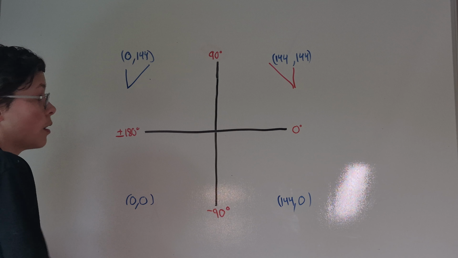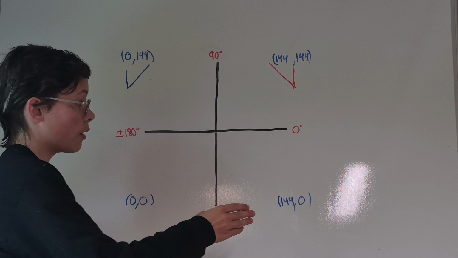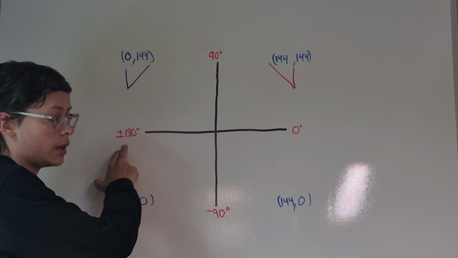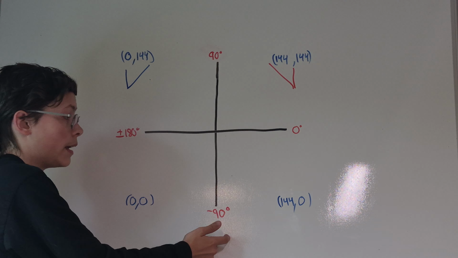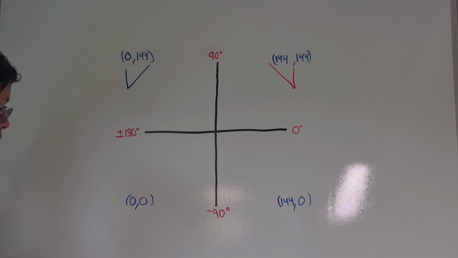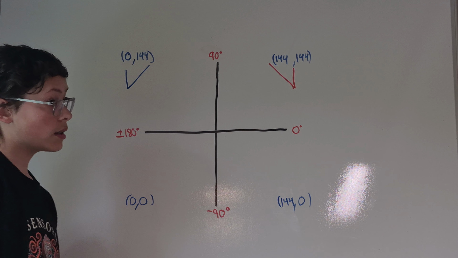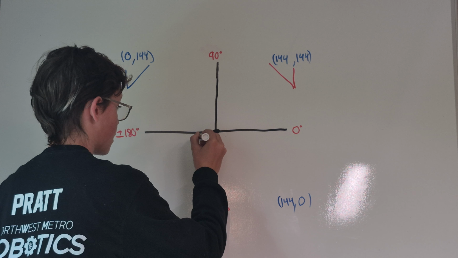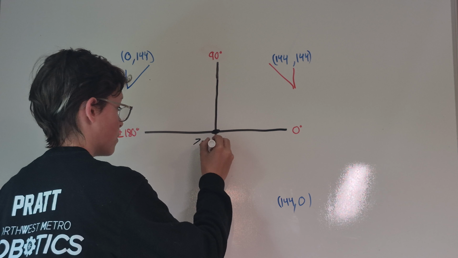That's how it works. So for angle degrees on this field: 0, 90, 180, and negative 180, because it's both of them, and then negative 90, because they both overlap right there. So we're going to set up a point here. Let's say that the robot wants to aim towards the center point right here. This point is 72, 72.